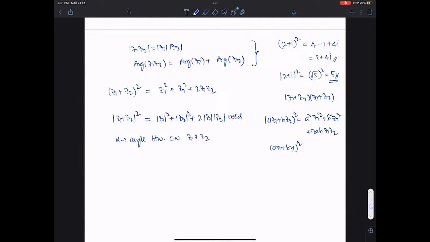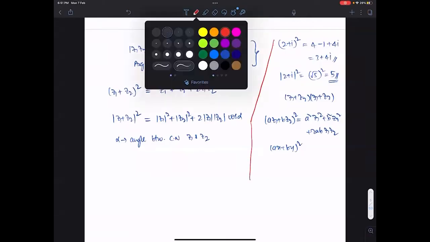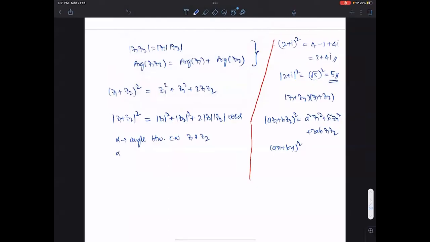You may say, sir, what is the angle between the complex numbers, because a complex number is a number? We'll come to that later. Another way you can remember this is that alpha is the argument of z1 by z2. I'll come to that in just 2 minutes, what the angle between complex numbers is.